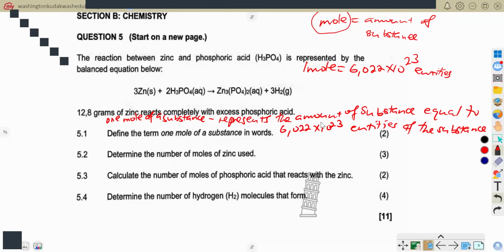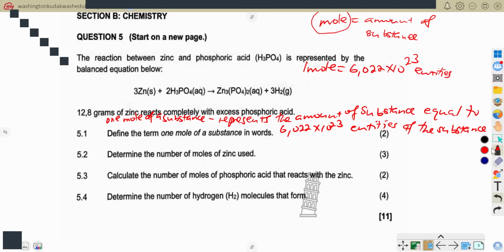Or someone would have said that 1 mole of a substance is the amount of substance that is equivalent to the amount in 12 grams of carbon 12.